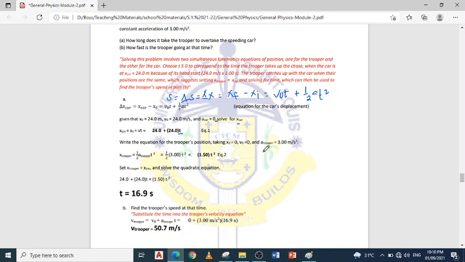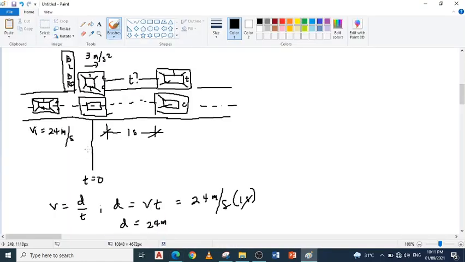And then, v sub 0 equals 0. And then, since given naman yung acceleration ng trooper, which is 3 meter per second square, paano nakuha to? So, by using this formula, okay? So, yung distance traveled daw ni trooper is equal to v0t plus 1/2 at squared. Since at this position, okay, at t equals 0, yung acceleration niyan ay 0.